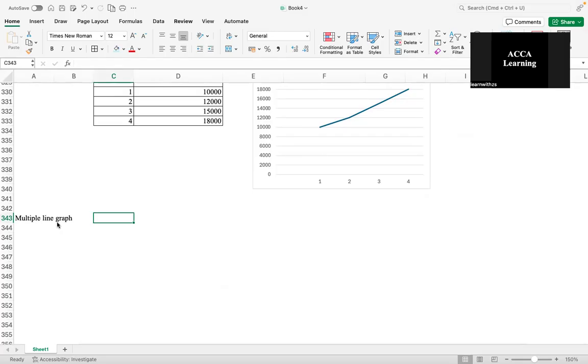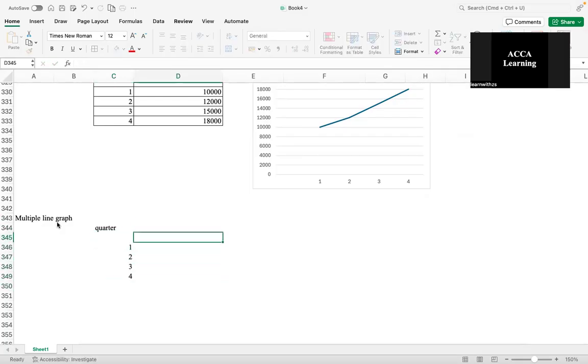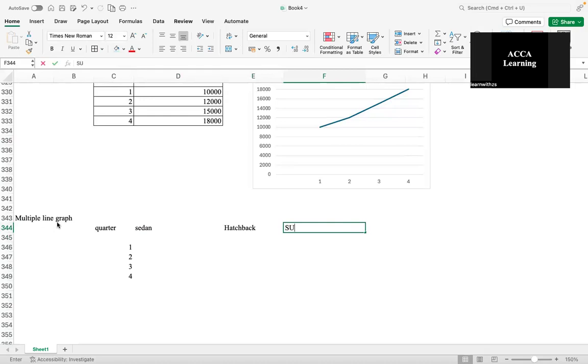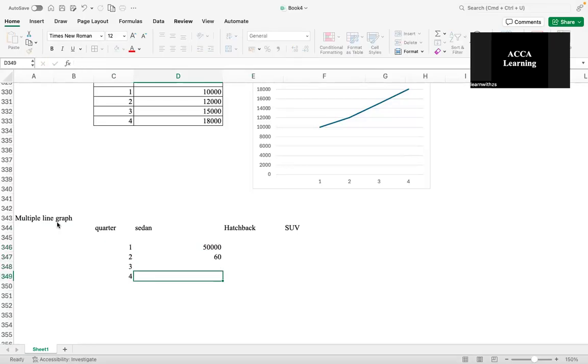We would do quarter here, but we would do 1, 2, 3, and 4. But this time we would take the 3 categories of cars that you were using: sedan, your hatchback, and you have your SUVs. And you could do 50,000. We could put 60,000. We could put a 70,000.